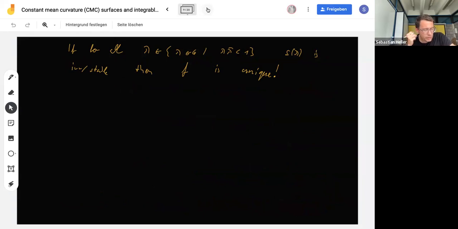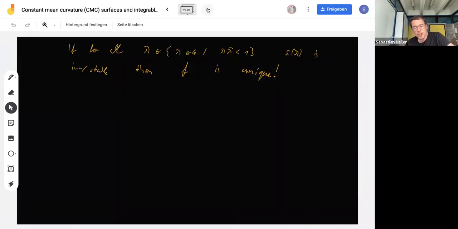Okay, so if we really want to make CMC surfaces of genus greater or equal to 2, then we need irreducibility for generic lambda, for generic spectral parameters, and then the set of points where irreducibility fails is a discrete or finite subset of CP1.